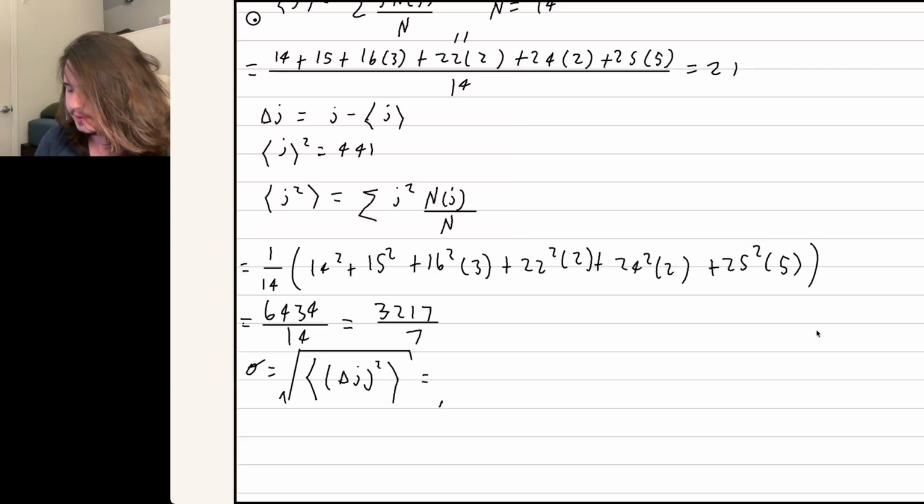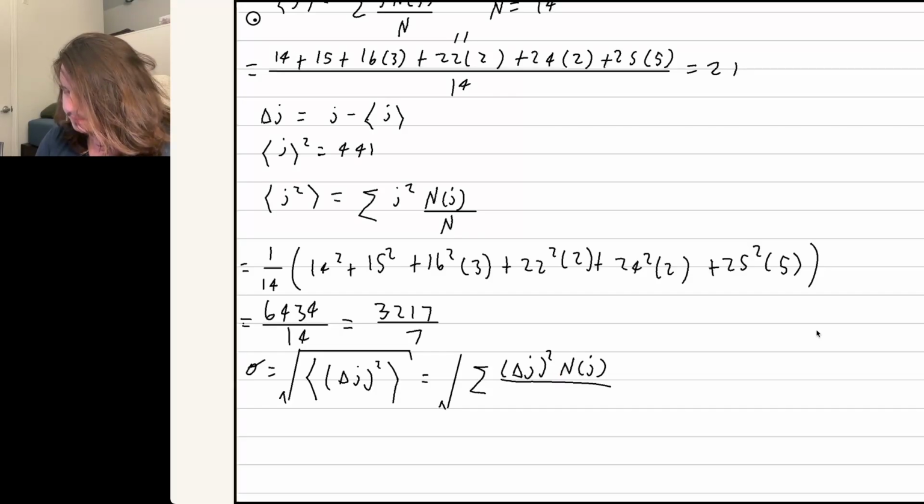Which is going to be a square root of a sum of delta j squared times n of j over n.